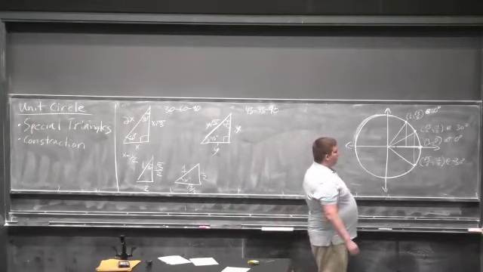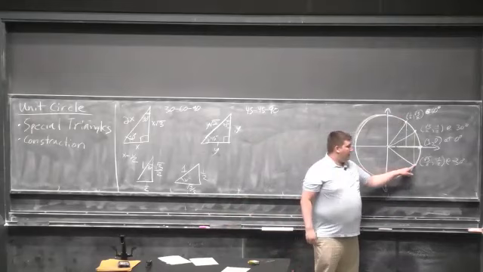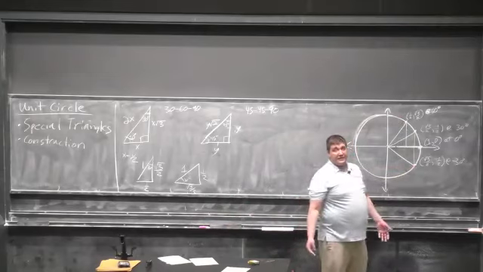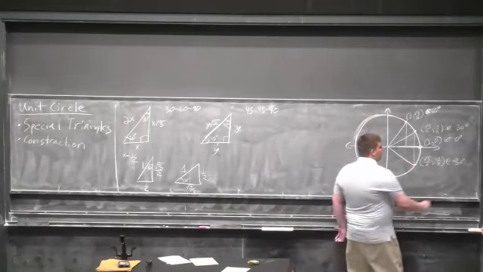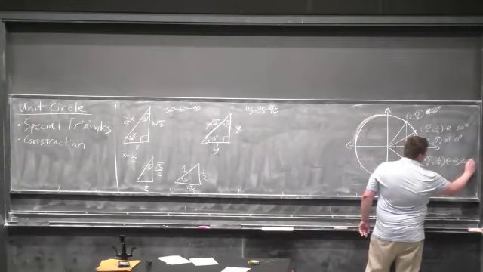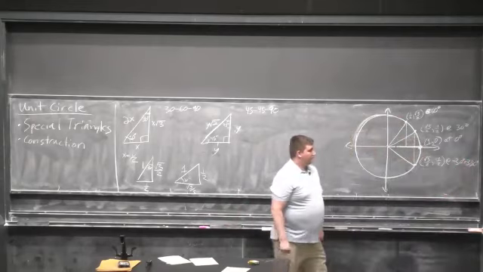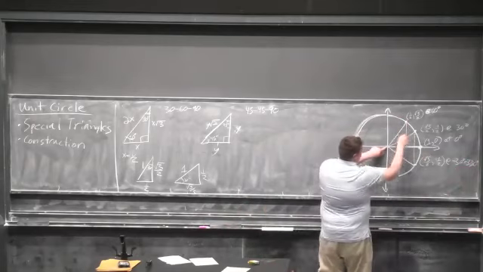But we could also view this as we went around this way, and so this is actually 360 degrees, take away 30. So this is also 330 degrees. Now let's take this triangle and do the same thing.